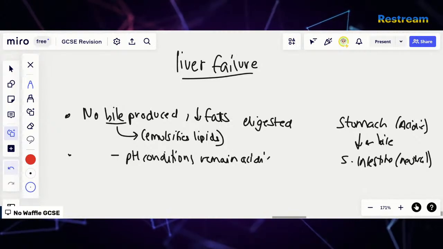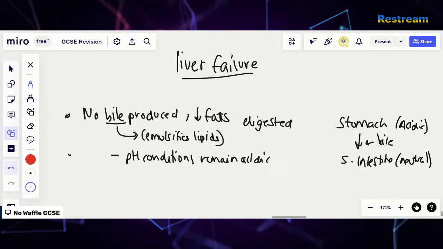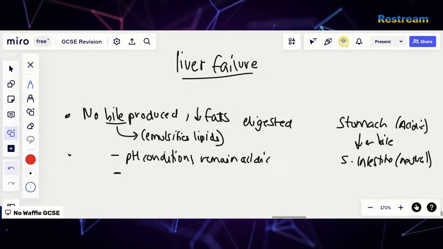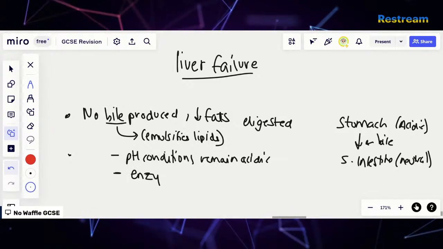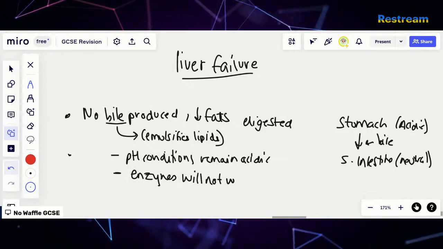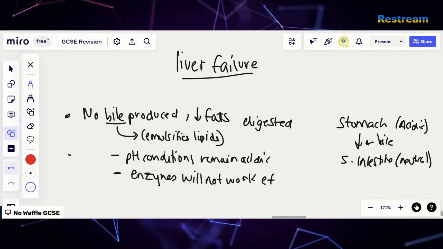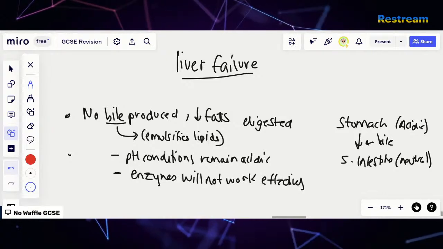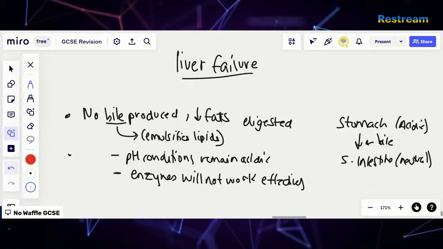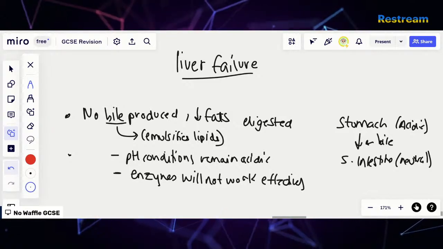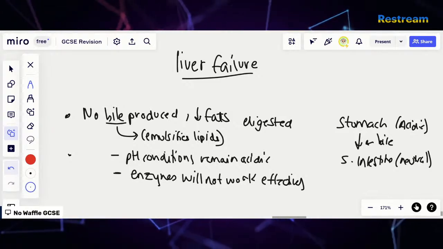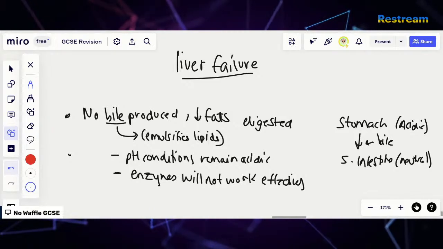This is problematic because the enzymes will not work effectively. The reason they won't work effectively is that the pH is not at their optimum conditions. Okay, that's all about bile.